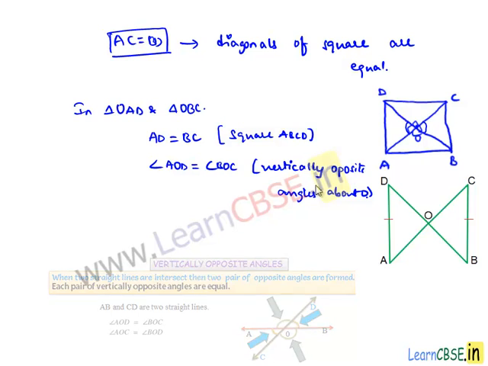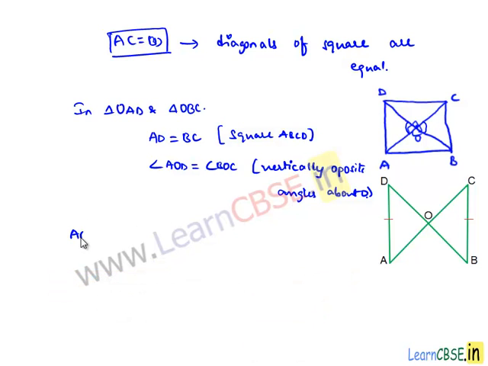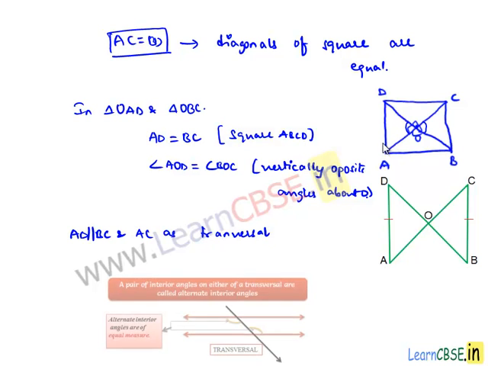And now let us consider that AD is parallel to BC and AC as transversal. Then angle DAO will be equal to angle OCD since they are alternate interior angles.